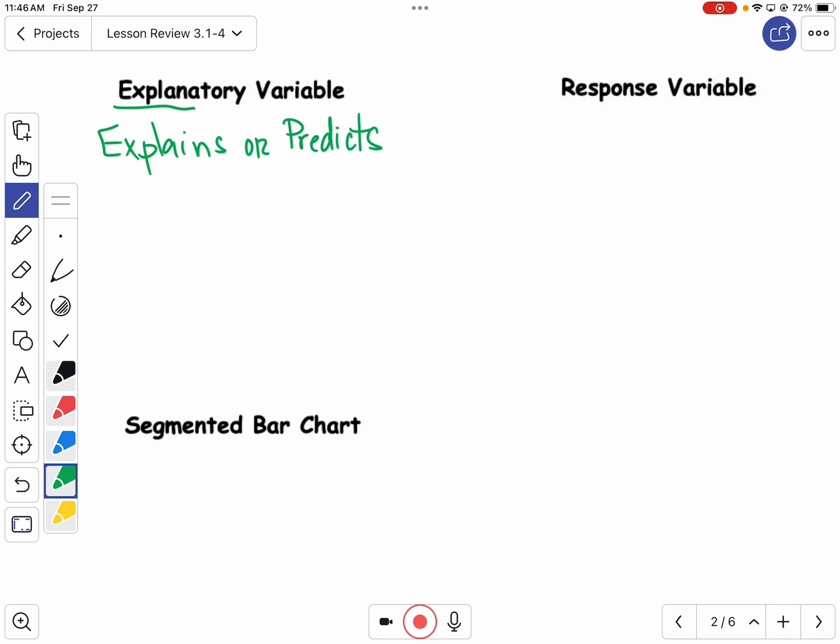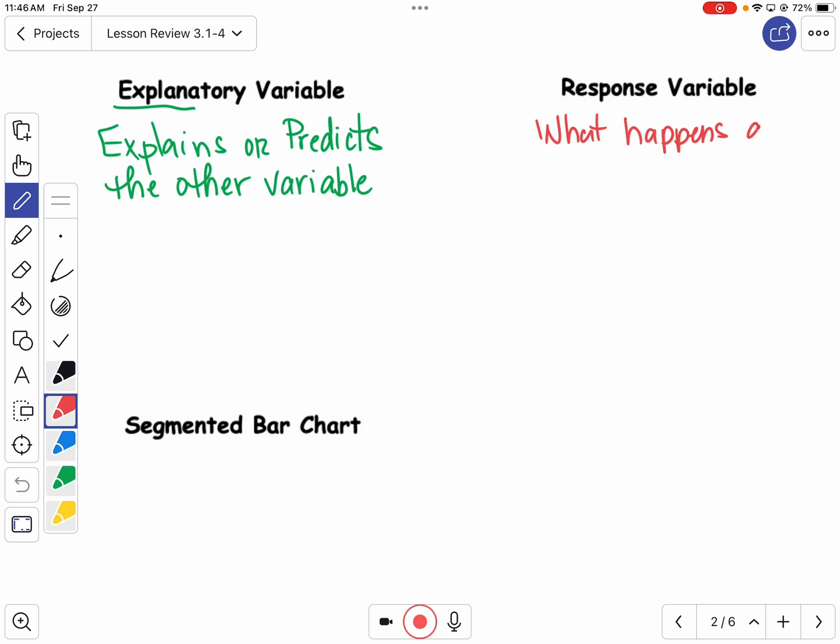It explains or predicts the other variable. Okay, so I'm pretty sure there's one that asks you which one of these is the explanatory variable in the situation. All right, so it'll give you a situation. And then the response variable is what happens as a result of the explanatory variable.